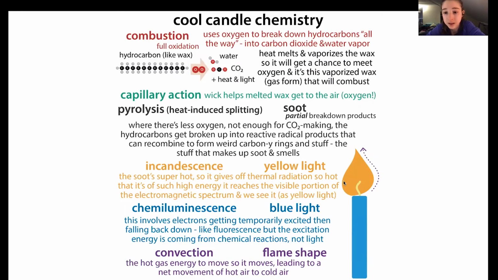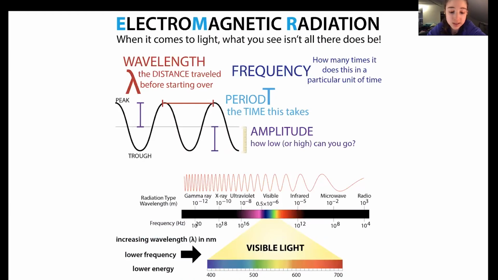The light is going to come from a couple of different sources. The yellow light is going to come from something called incandescence. First of all, what is light? Light is a form of electromagnetic radiation. It's packets of energy called photons that travel in waves.